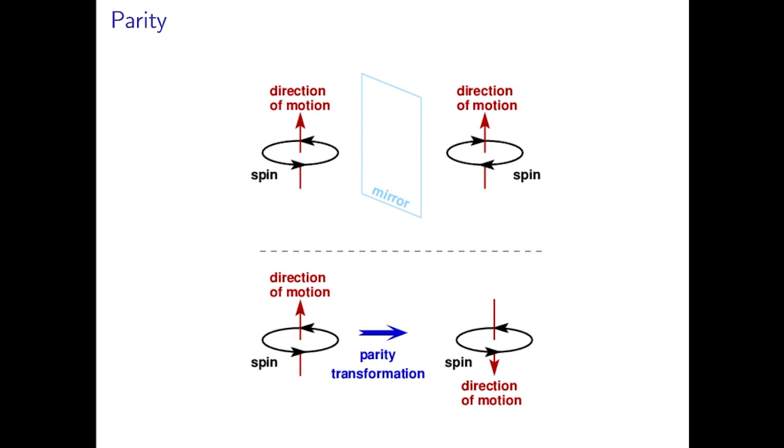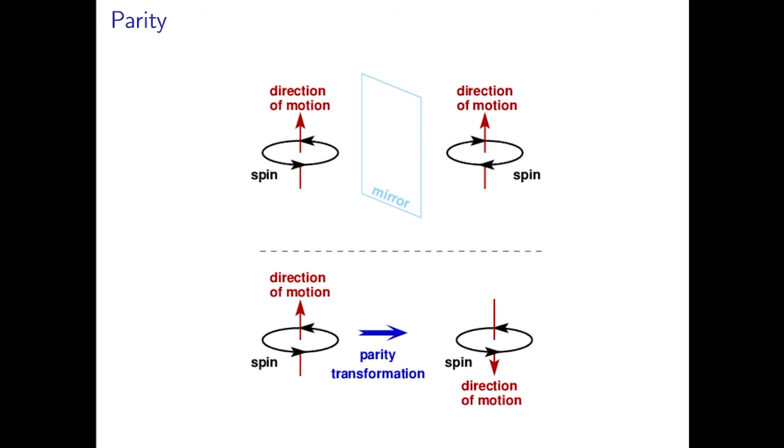So it gives us the mirrored image of the particle that we are taking into consideration. But the mirror transformation isn't exactly what we call the parity transformation. As we see, the contrasting difference between these two pictures on the top and bottom is that the direction of motion is also switched in the parity transformation, while in the mirror transformation, the direction of motion is left untouched.